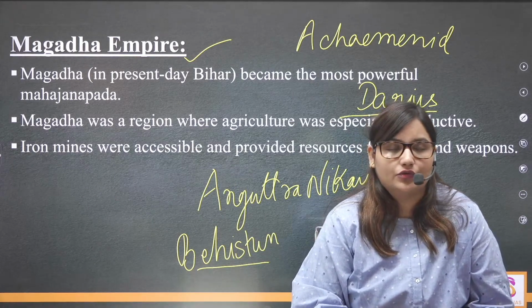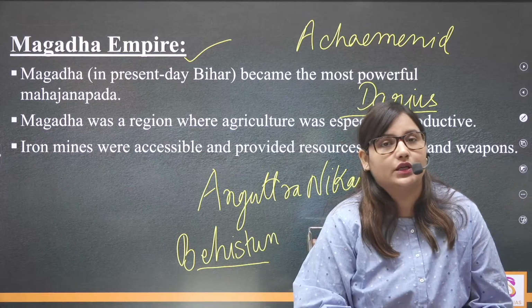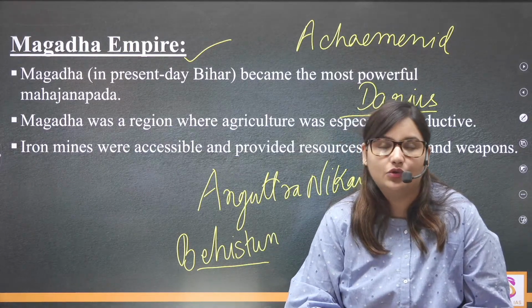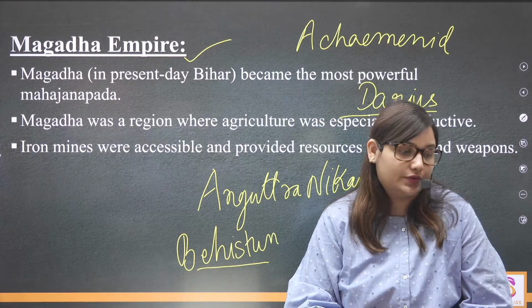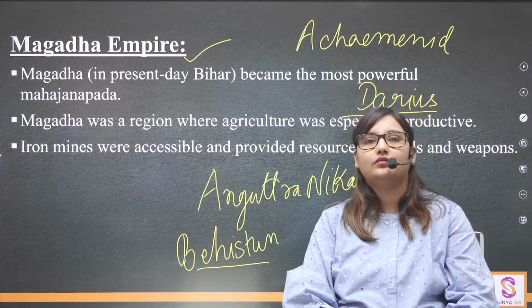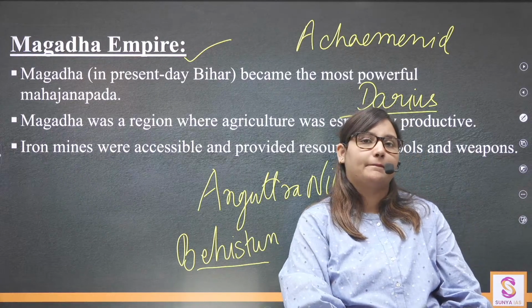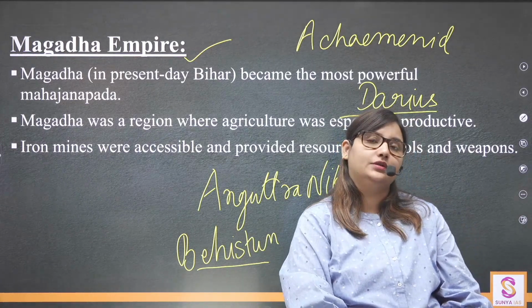Number 4. The fourth Mahajanpad, Kurus. The capital was Indraprastha.